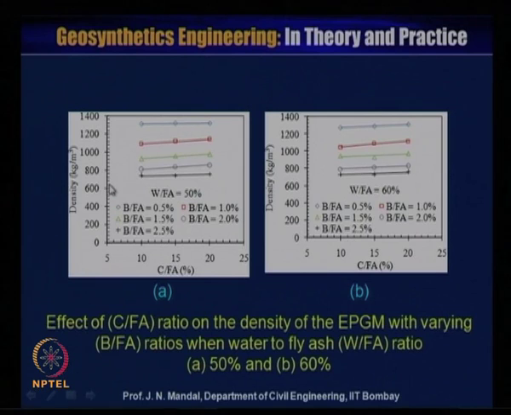In both cases it has been observed that as the beads to fly ash ratio goes from 0.5% to 1.5%, 2% and 2.5%, the density is increasing. A similar nature of the curve is shown in the case of water to fly ash ratio of 60%.